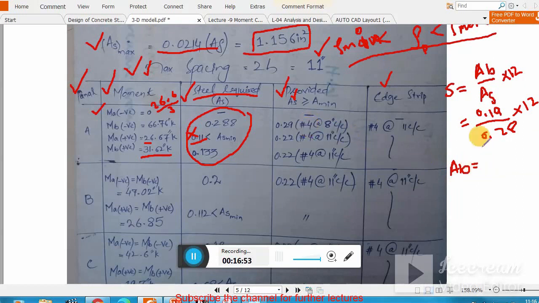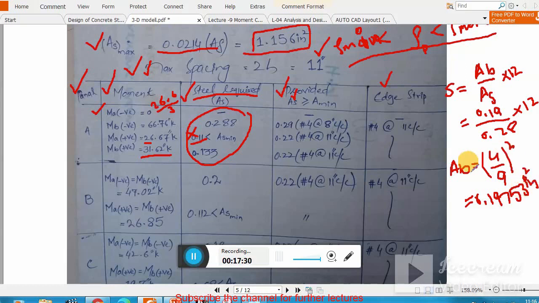You are using number 4, so 4 divided by 8 and square it. This will give you the area of number 4 bars. If you have a calculator in your hand, you just need to calculate 4 divided by 8 and square it. You get the area of number 4 bar, that is 0.19753 square inches.